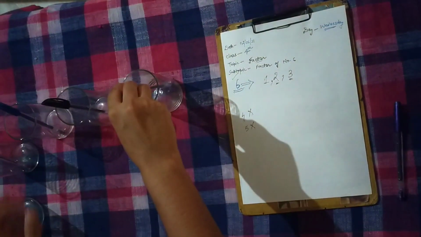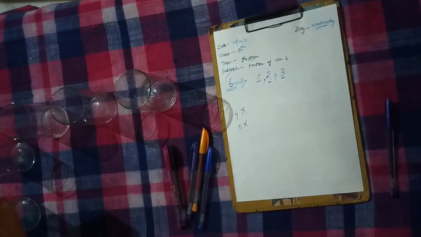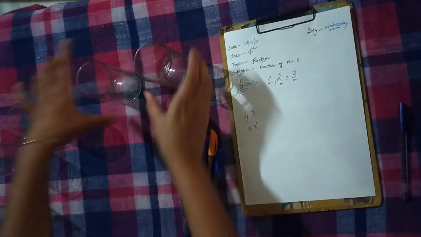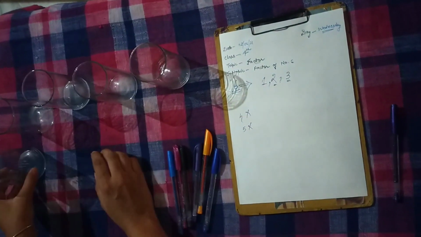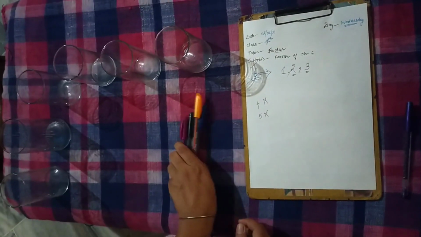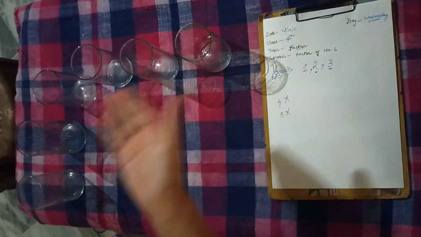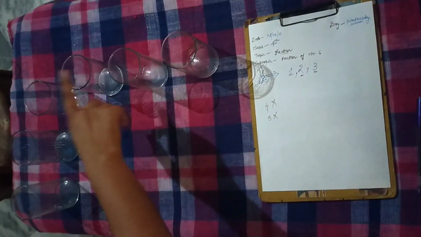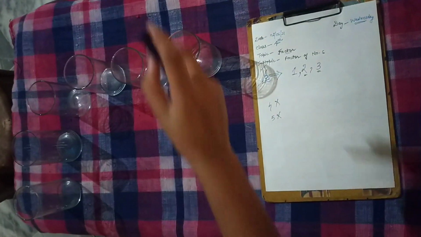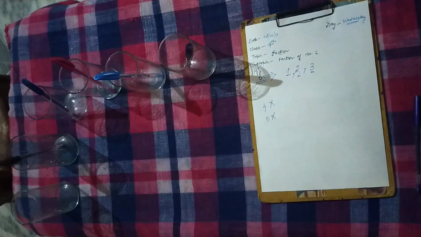Now we will do the same procedure for 6 glasses. We have to divide these 6 pens into these 6 glasses. One in the first glass, second glass, third, fourth, fifth and sixth.